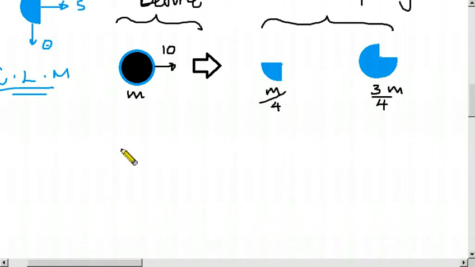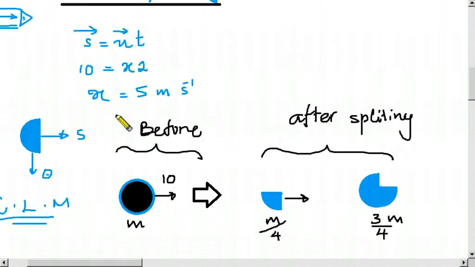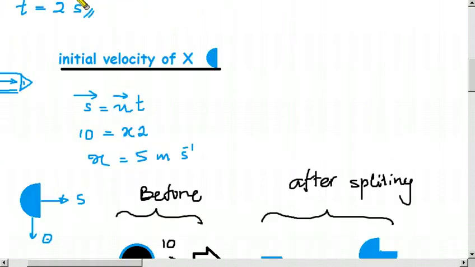Then what we do, we take the multiplication of m times v. M times v equals m times, what is the velocity of this one? We have found here this quarter. Velocity of this quarter is 5.